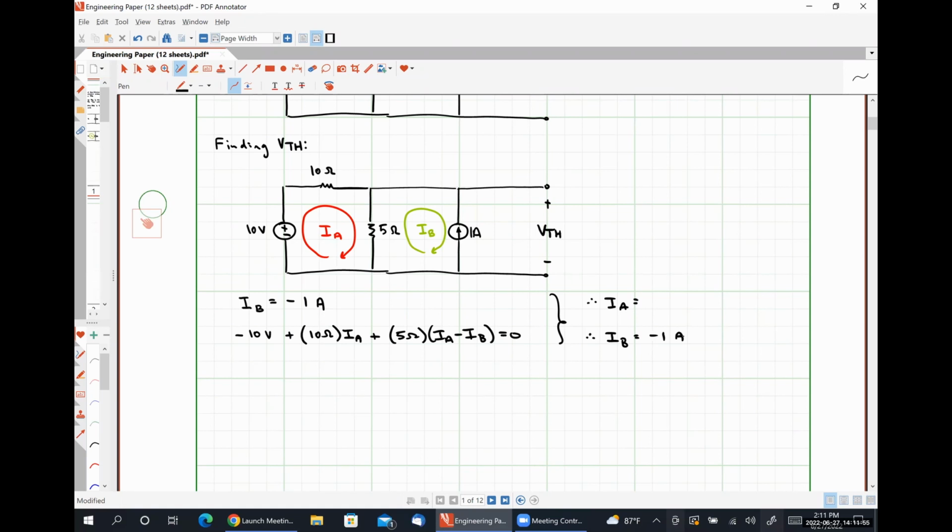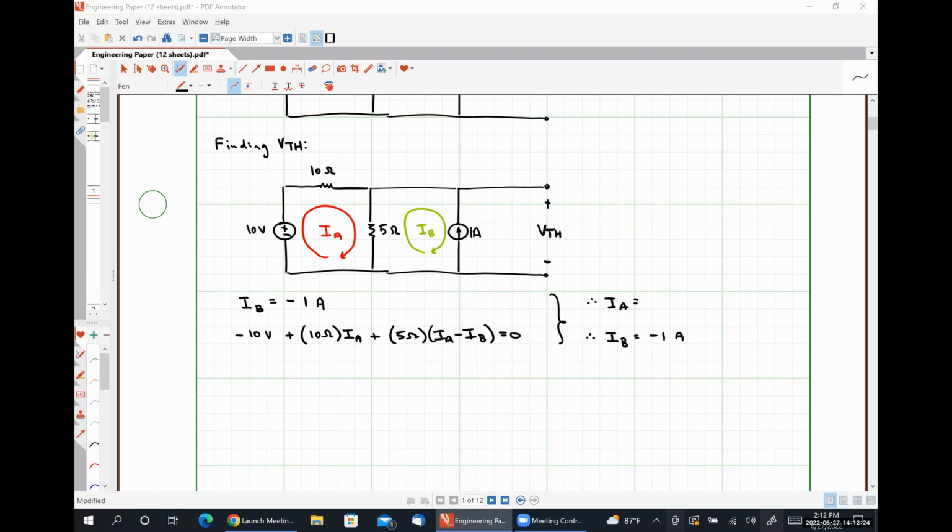So let me just find a calculator here and throw this in real quick. So this is a 2-equation, 2 unknown system. In my first equation, my coefficient for IA is 0.